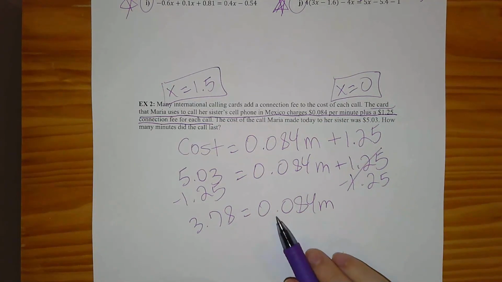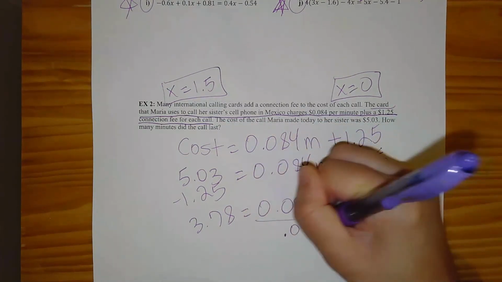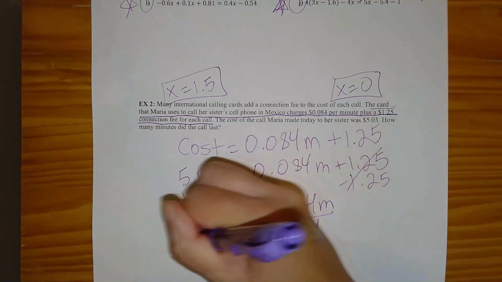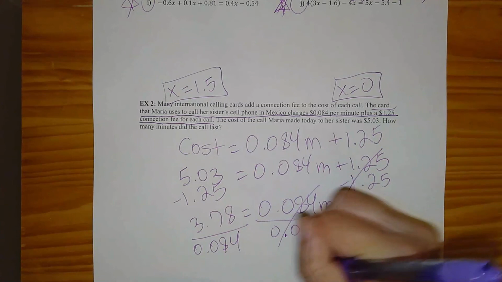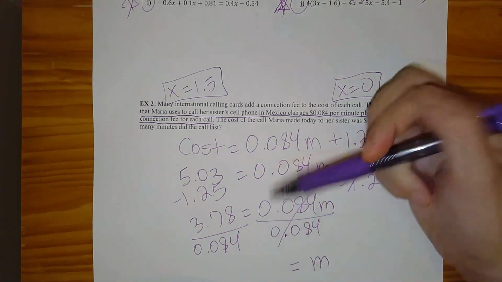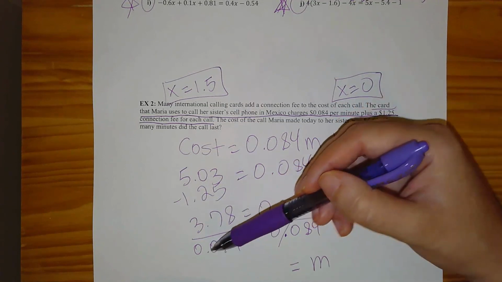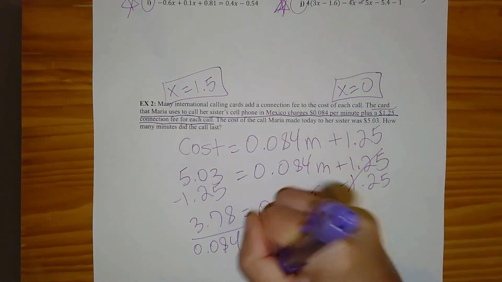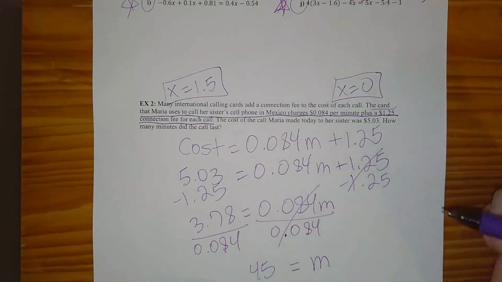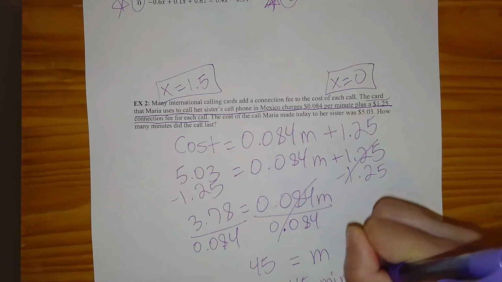And then to get rid of that 0.084, it's multiplied, so I'm going to divide by 0.084 on both sides. So I'll have m equal to, in the calculator you can just do 3.78 divided by 0.084, and you'll get 45. So m equals 45 means that it was a 45-minute long phone conversation.